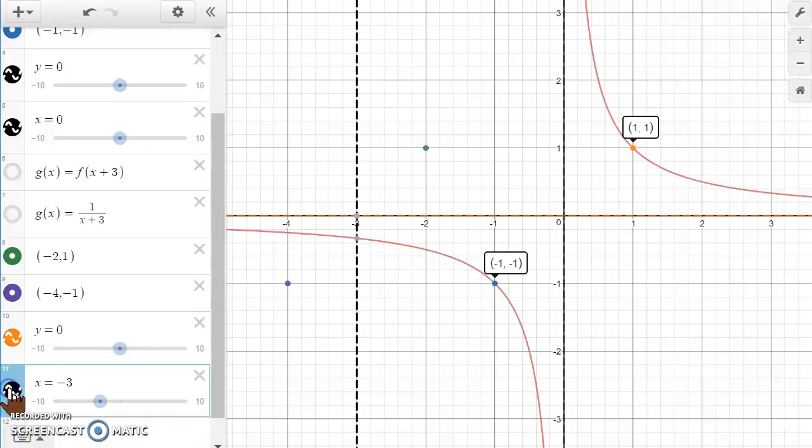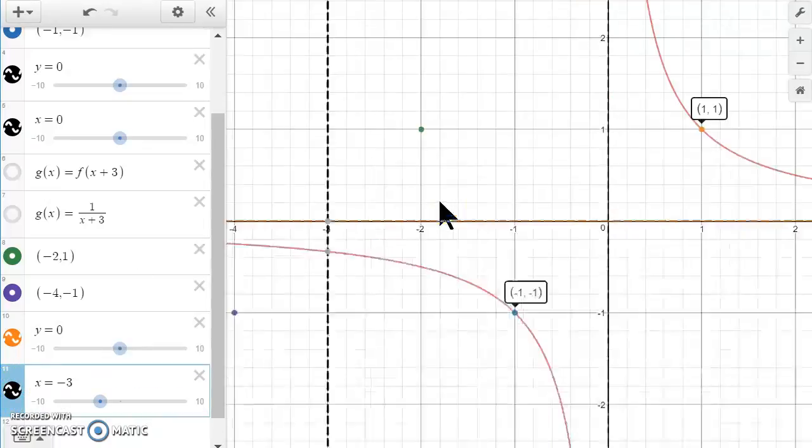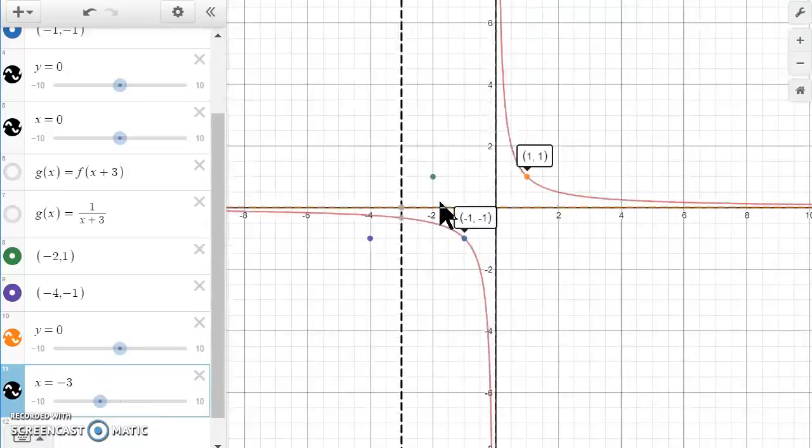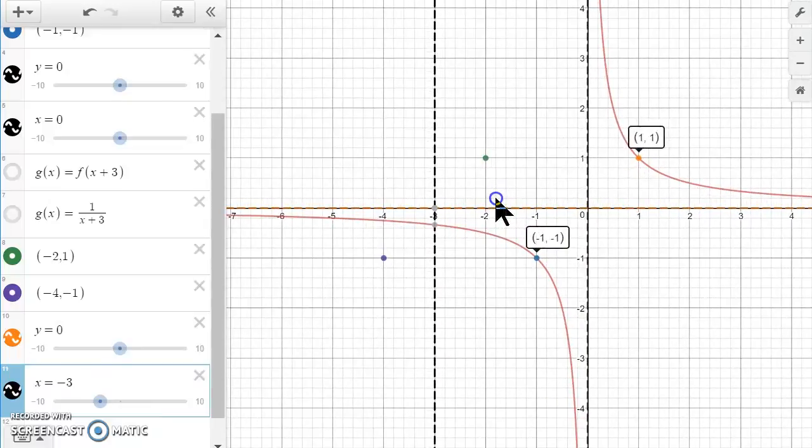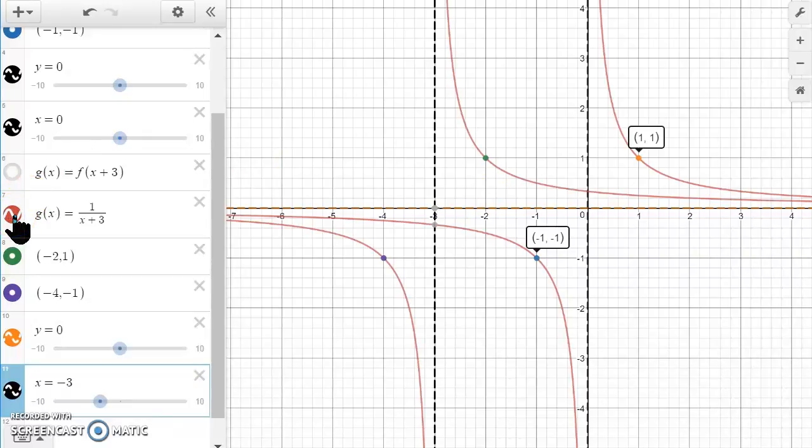All right, so we have carried out the transformation with the respective points and the vertical and horizontal asymptotes. Now let's see if the graph is correct. There you go. That's it. So this is this graph right here. Let me change the color. I'll change that to blue.